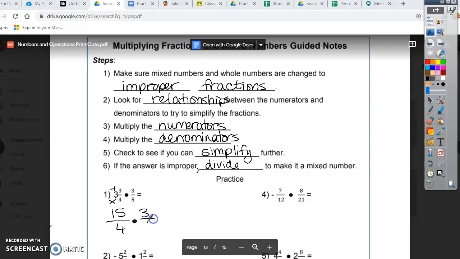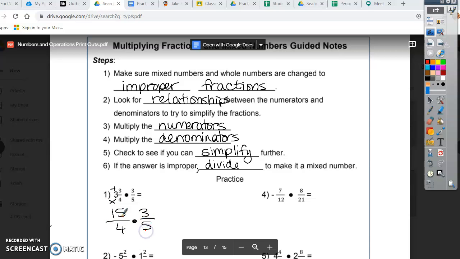Since this is just a regular fraction, we do not have to make that improper. There's nothing to make it improper with. Okay? So, relationships. Here's what I mean by a relationship. 3 and 4. 3 is prime. 4 is not. These don't have common factors. Most of the time, our relationships are going to be diagonal. Okay?